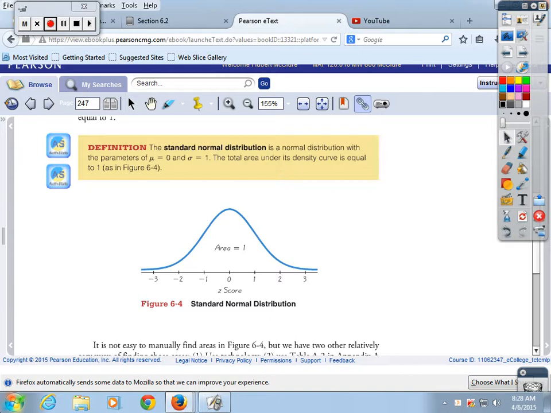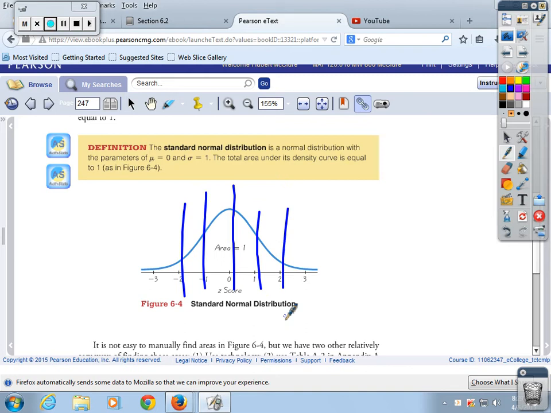Now, I also told you to remember that the normal distribution is kind of like a gas tank. You read from left to right. That's about half a tank. That's about 1/4 of a tank. Two standard deviations.